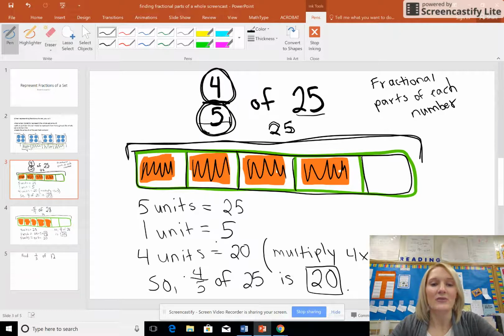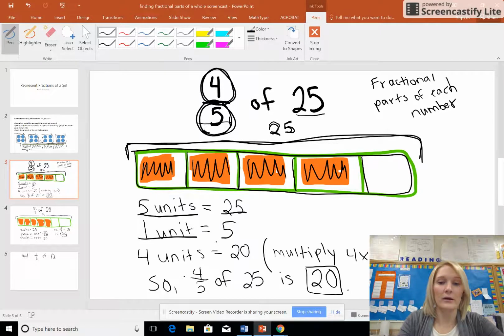Now, we need to play a little bit into division here when we're trying to figure out how much is actually 4/5 of the entire set 25. So take a look down here. I have 5 units total broken up into my whole piece. Those 5 units together equal 25. That means that just one of these units equals 5.